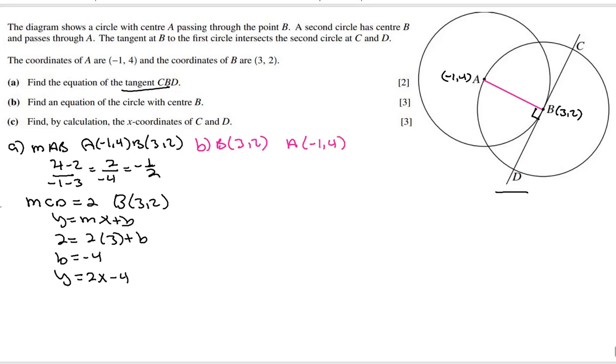So what I'm going to do is start by using this, x minus 3 squared plus y minus 2 squared, and that's going to equal the radius squared, which I don't know what that is. So now what I'm going to do is fill in this x and this y into the circle equation, and it's going to equal that radius squared. Go ahead and pause that and try that, and then start back up again when you're ready.